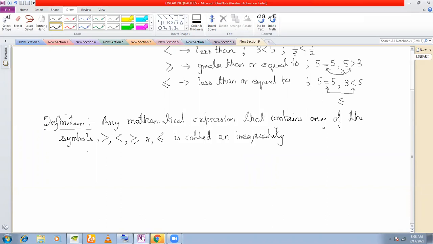So let us see examples of inequalities. See, this is called an inequality because we have this symbol here in this expression. Okay, correspondingly, if you recall, if we write 2x plus 1 is equal to 3, then this is called an equality or an equation.